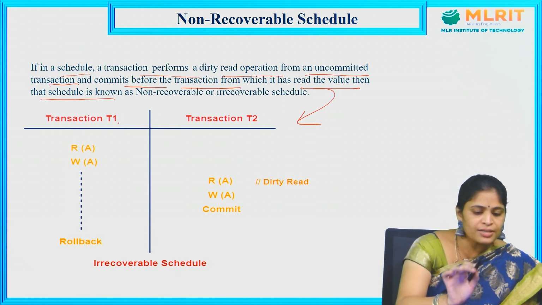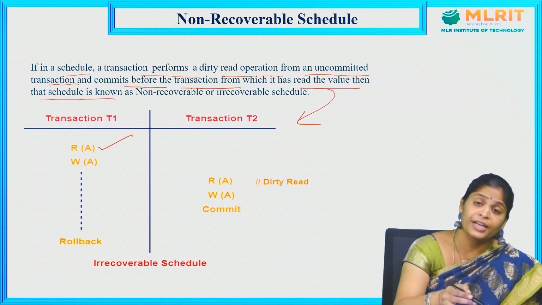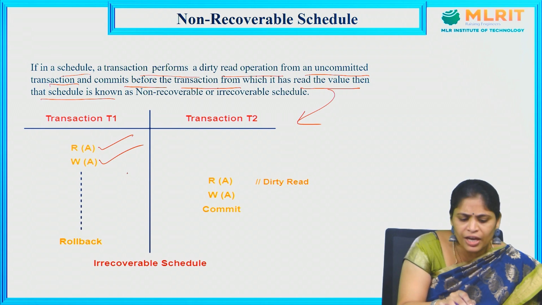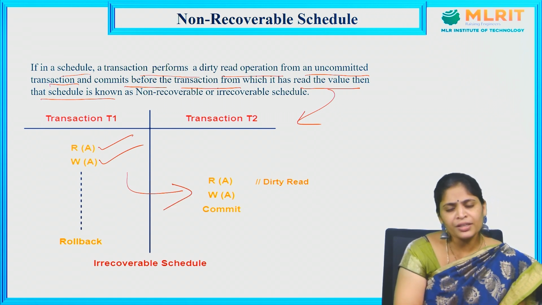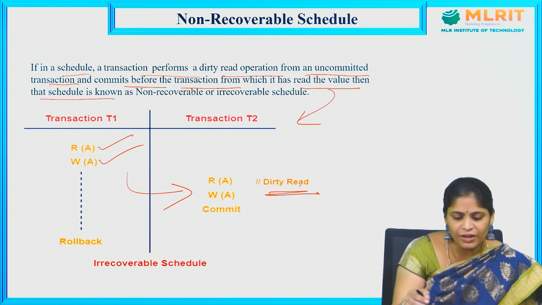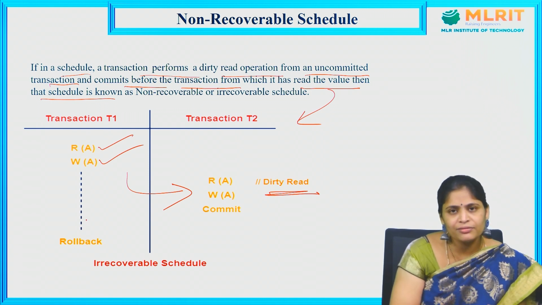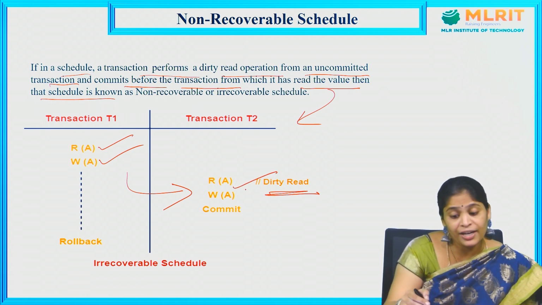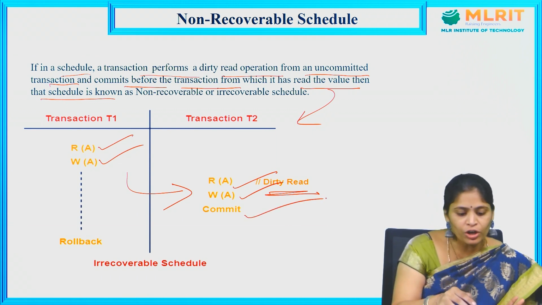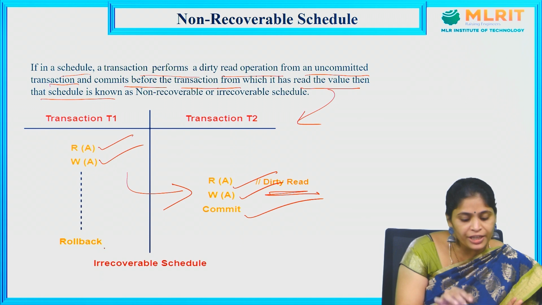Consider transaction T1, which performs two operations, reading data item A and writing data item A. Before committing this, transaction T2 has started, which performs a dirty read. Why? Because T1 has not been committed, but T2 has read the data, updated it also, and committed. It has committed before the commit operation performed in T1.